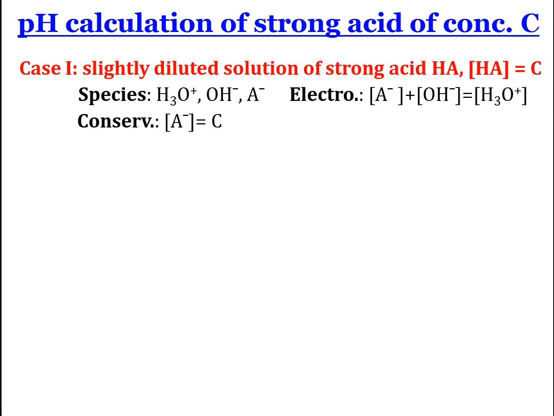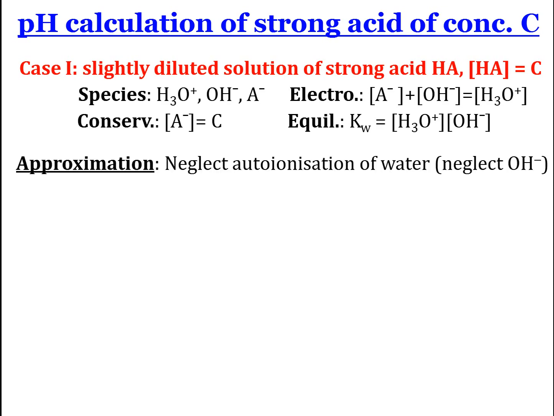We have one equilibrium in the solution, which is the auto-ionization of water, and Kw is equal to H3O+ times OH minus in the solution. So we wrote the 4 steps corresponding to a slightly diluted solution of strong acid of initial concentration C.